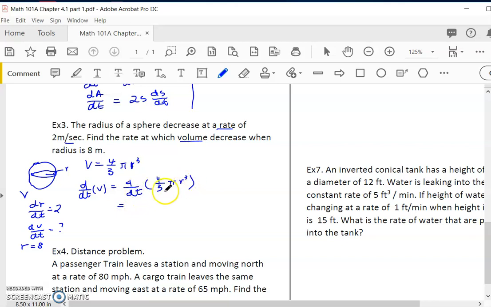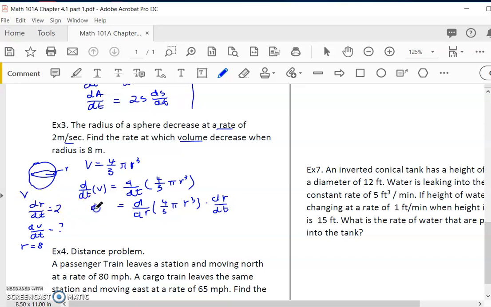Our variable is r, but we have t, so we can do a derivative here. This is changing, so we do a derivative of it, but then we have to multiply dr/dt at the back.